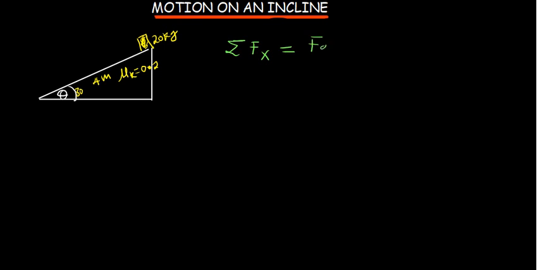Now, because there's friction on this object, and the object is supposed to slide down, kinetic friction is going to act as an opposition, right?